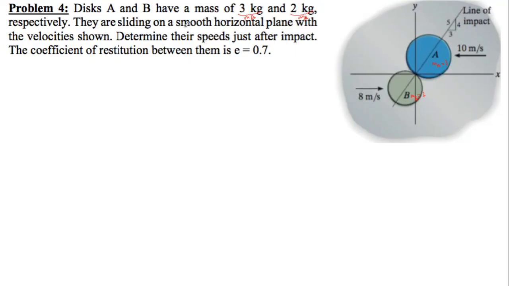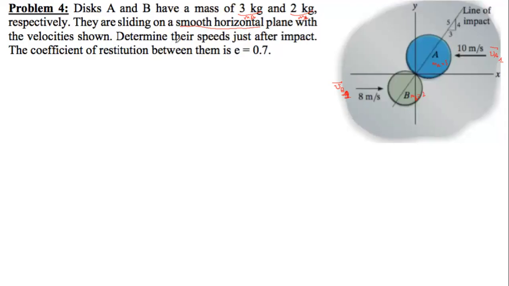They are sliding on a smooth horizontal plane with the velocity shown. You see here the velocity of A, this is VA, and this is the velocity VB. I will call them VA1 and VB1. This is the velocity just before impact.